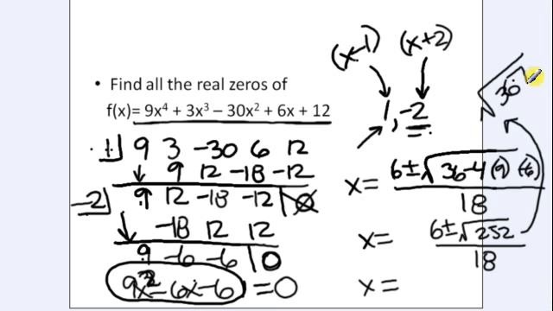And the square root of 36 is just 6. So what that allows me to do is to rewrite the square root of 252 as 6 times the square root of 7. That's still all over 18. Now I can simplify a little bit more since all of these are divisible by 6. Think of reducing these as fractions. 6/18 would reduce to 1/3.